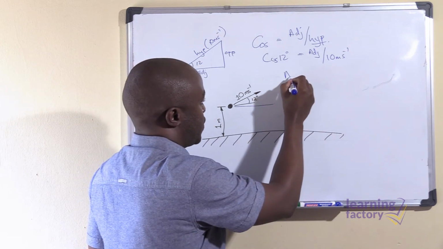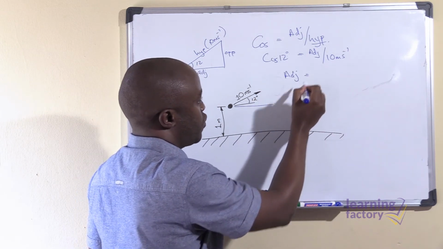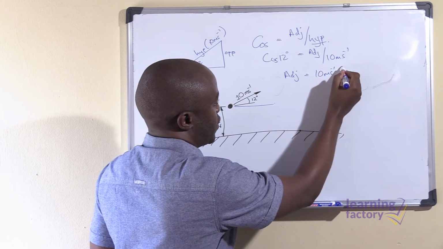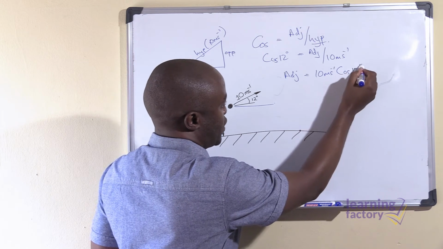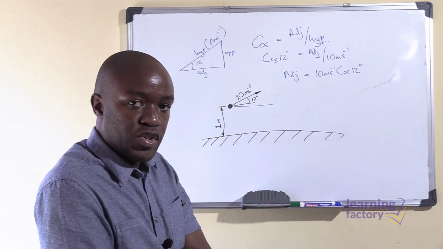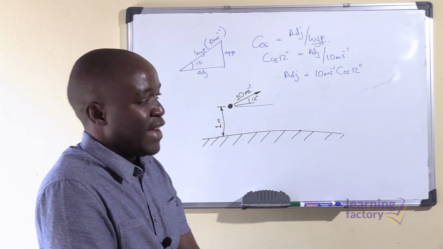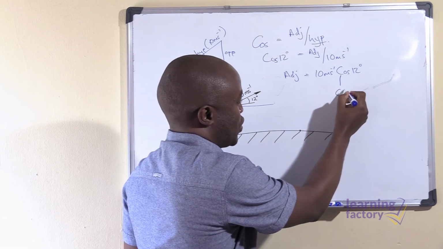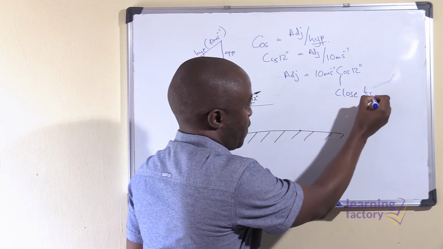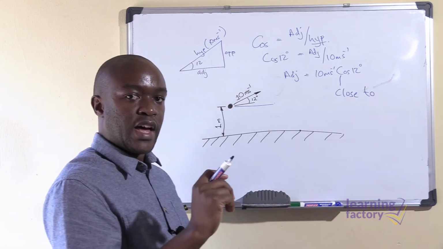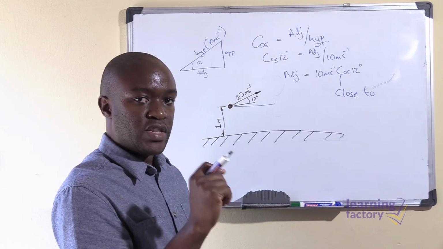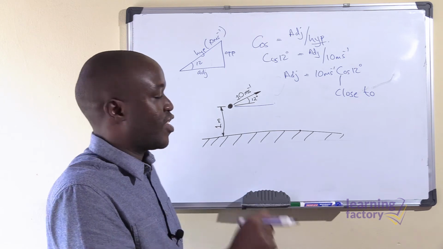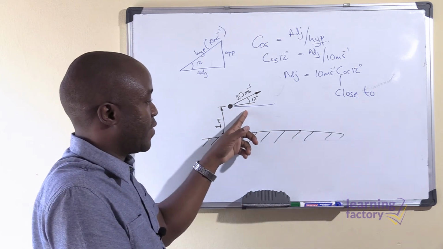Our adjacent therefore becomes 10 meters per second times cosine 12 degrees. A simple way to remember this is that C represents close to. So cosine is always used to find the value of the component close to our angle.